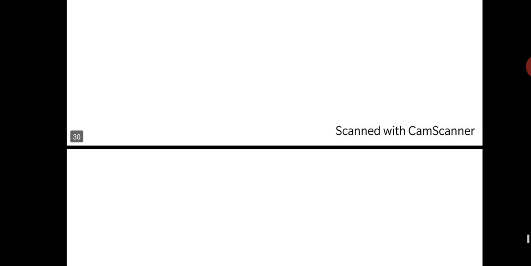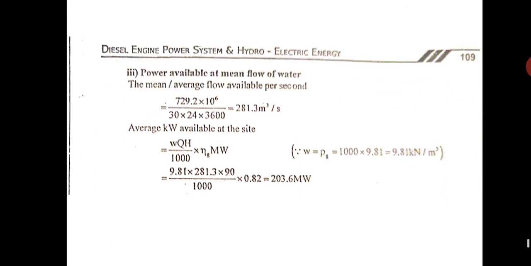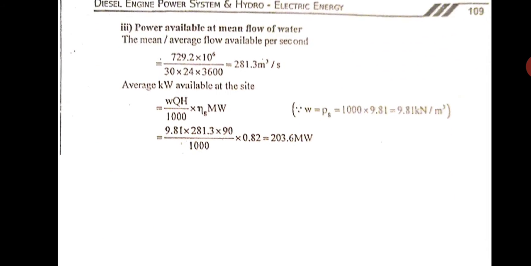The numerator also has 12 months flow rates, divided by 12. So you get 729 million meter cube per month.